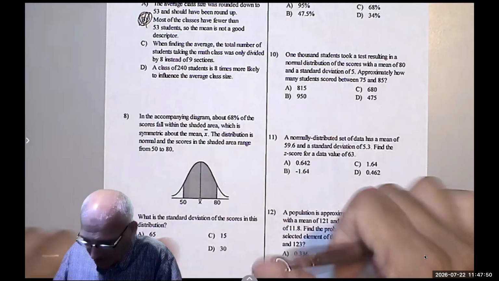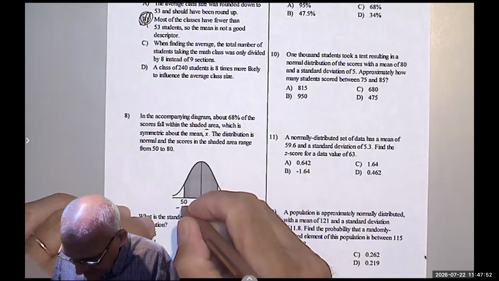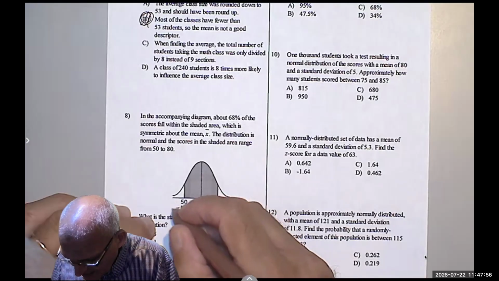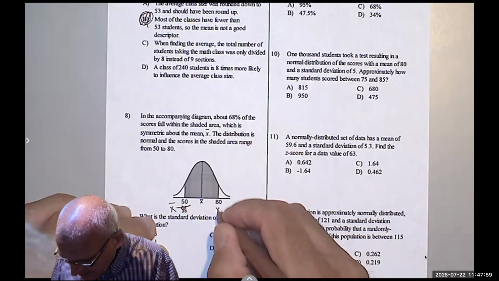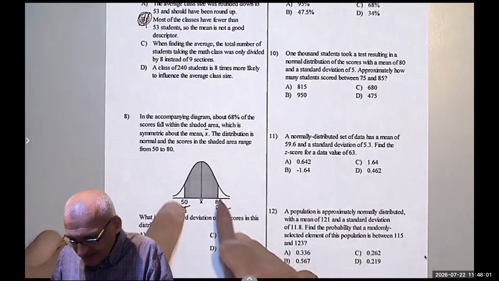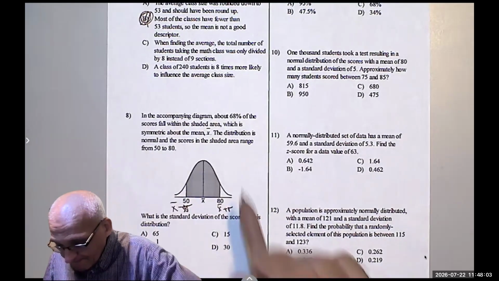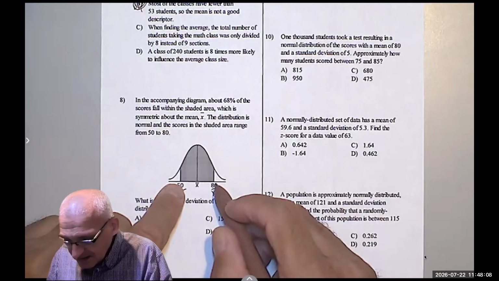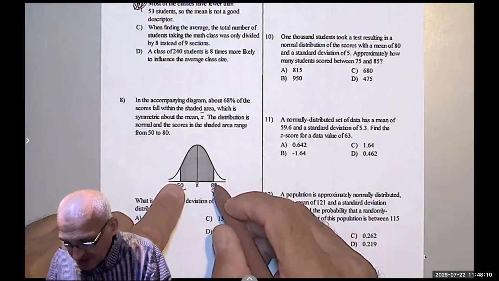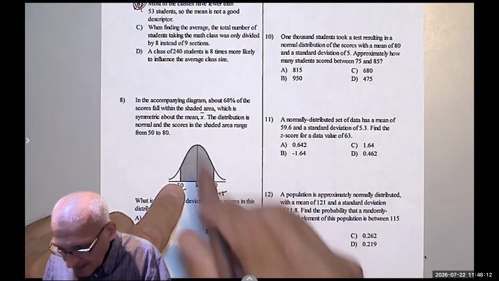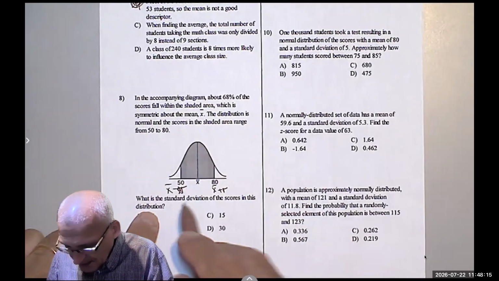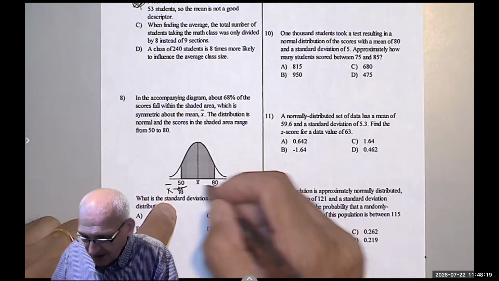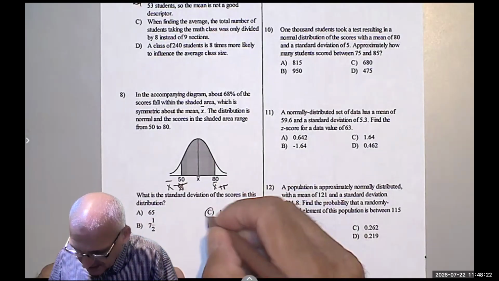So if this is x bar minus sigma, and this is x bar plus sigma, then that distance is 2 sigma, right? Yeah, they want the standard deviation. So 30 equals 2 sigma, meaning 15 is sigma, so the answer is C.